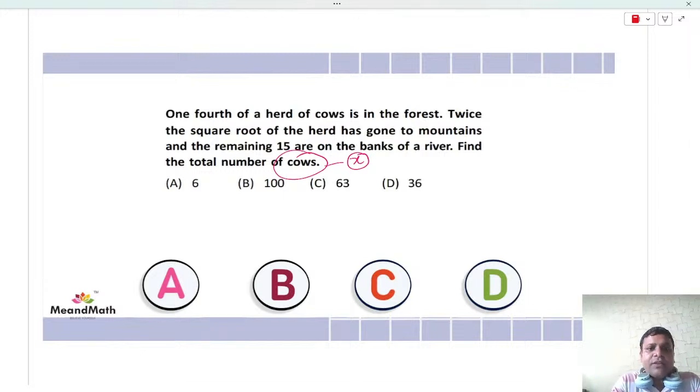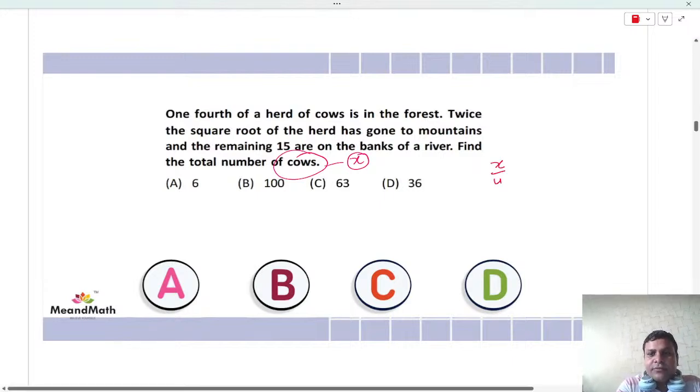According to the question, 1/4 of the cows is x by 4. These are in the forest. So the remaining is x minus x by 4. x by 4 is in the forest, so the remaining cows are 3x by 4.